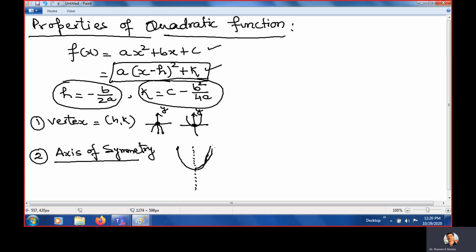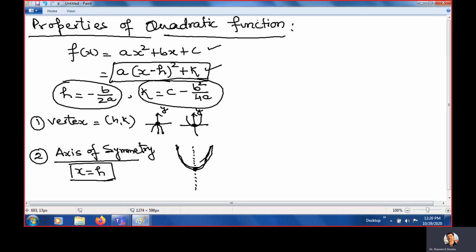Here it is increasing, and on this side it is also increasing. Clear? And this is the vertex. So this line, x = h, is the axis of symmetry. Please remember, x = h is the axis of symmetry.